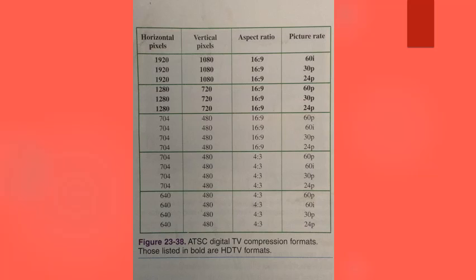HDTV approximates a screen composed of 1920 by 1080 pixels, producing 2,073,600 total pixels, and by far a greater detailed image than the analog system.